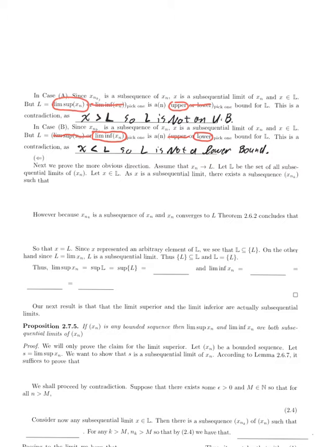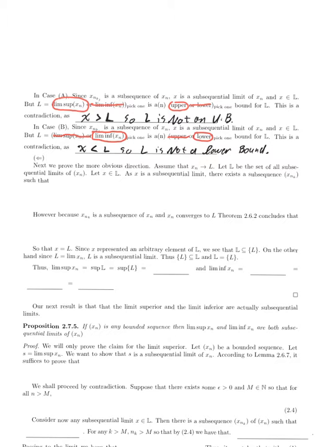Okay, cool. So now let's do the obvious one, and this proof will be super easy. Let's assume that x_n converges to L, and show that the lim sup is equal to the lim inf is equal to L. That's the supremum and the infimum of the set of subsequential limits, so I better study the set of all subsequential limits.